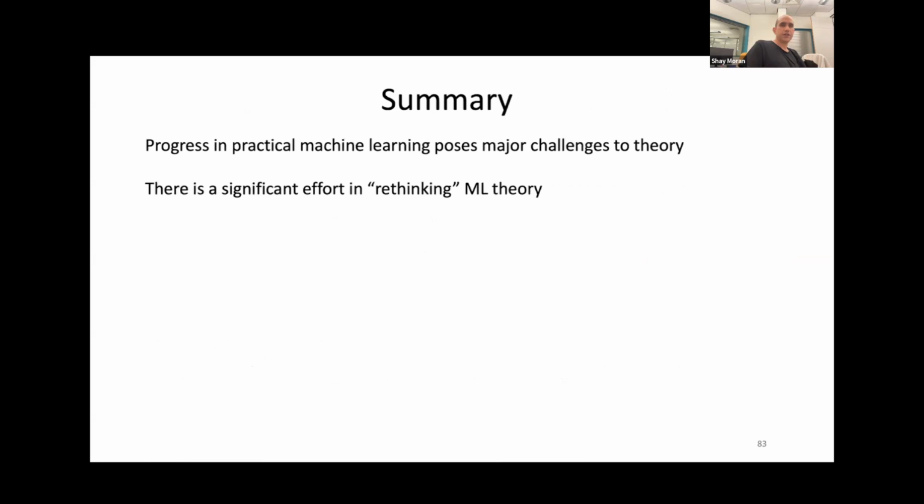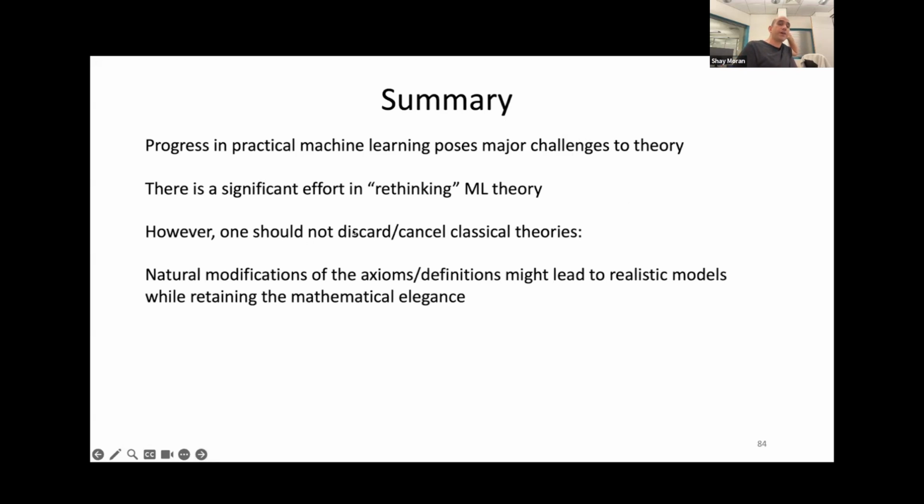Okay. So let's summarize. Progress in practical machine learning poses major and interesting challenges to theory, and there is a significant effort in rethinking ML theory. However, one should not discard or cancel classical theories. And I think what we showed today is that there are natural modifications of the axiomatic definitions of learnability, right?